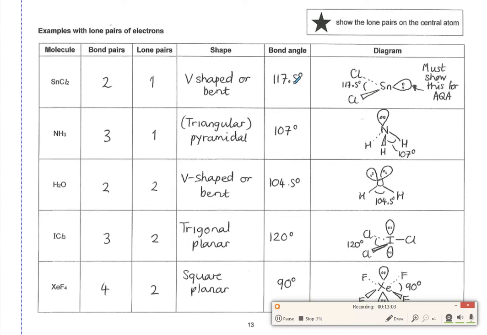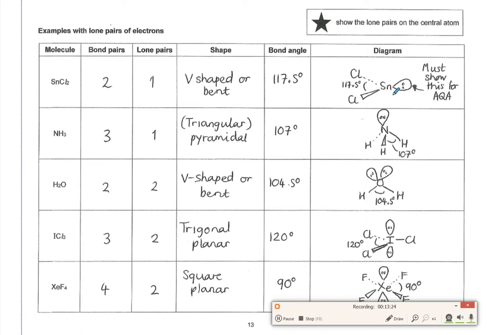Right, that's because the lone pair here has a greater repulsion. So what that's doing is pushing those bonding pairs of electrons closer together. And this is what it means in the notes by each lone pair reduces the bond angle by 2.5.